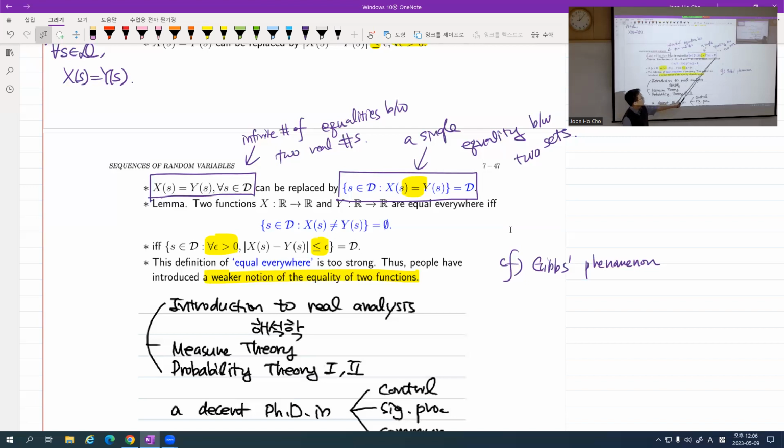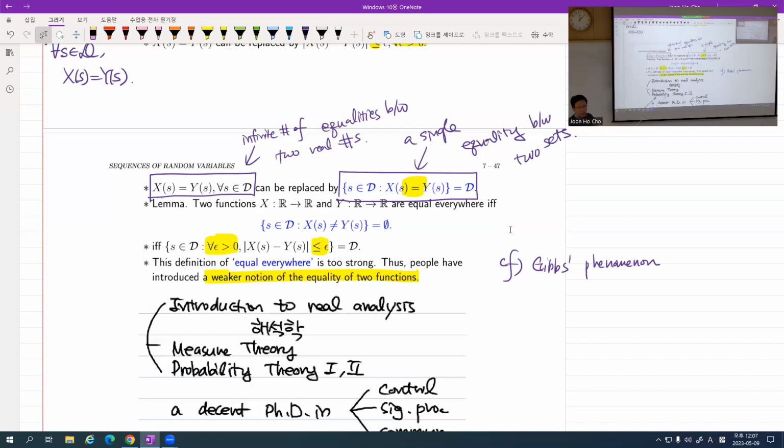This set and the common domain. And you may say that it's just a simple trick. Yeah, you are right. However, this kind of replacement of some statement with an equivalent statement is very, very convenient and important.